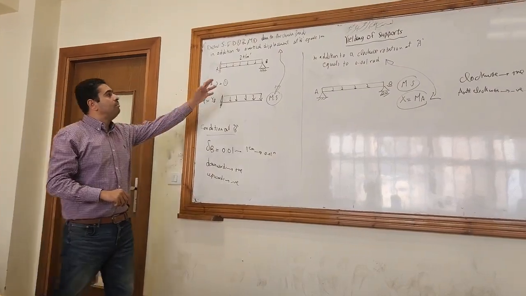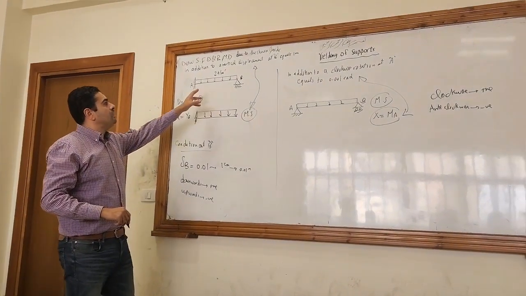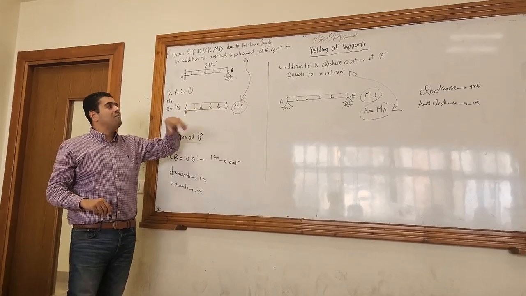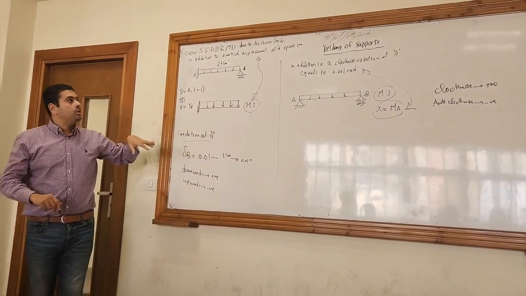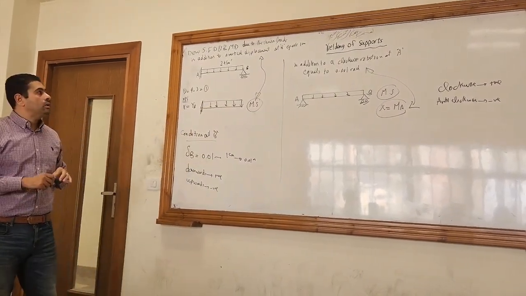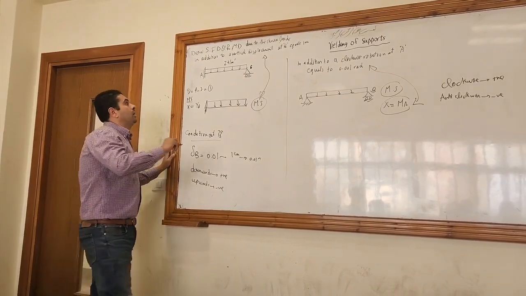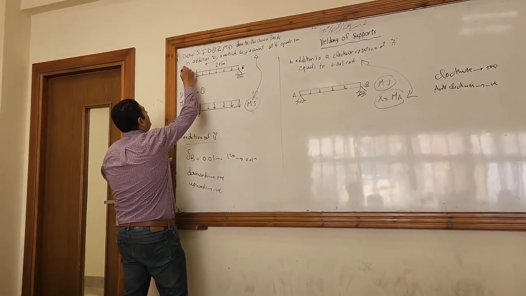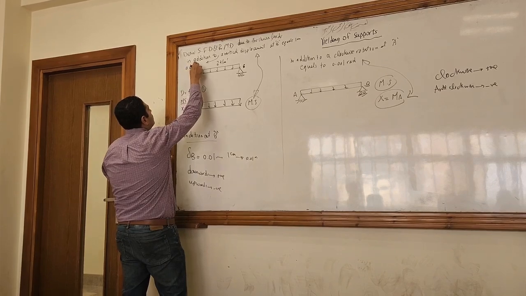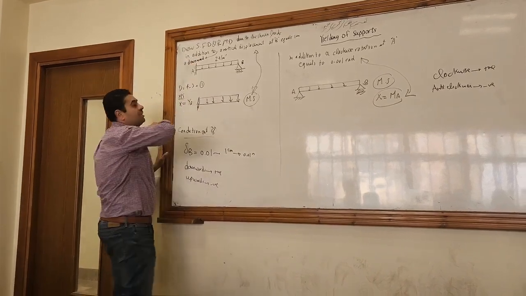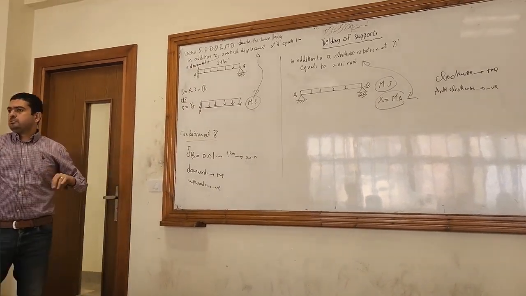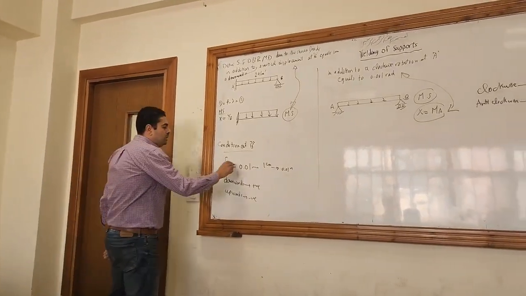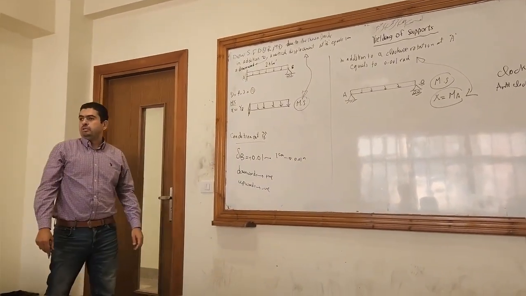So here he didn't tell me the direction of the vertical displacement, right? He just told me a vertical displacement. So I have two options here. Either he will tell me a downward vertical displacement, so it's positive, and the condition will be positive 0.01.